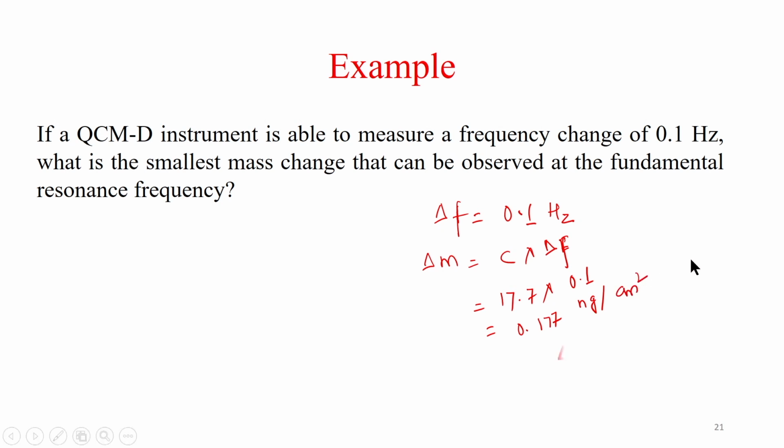So, we can say this is close to 1.77, or close to 2 nanogram per centimeter square. This is the typical sensitivity of the quartz crystal microbalance: it measures up to 2 nanogram per centimeter square or even lesser than that.